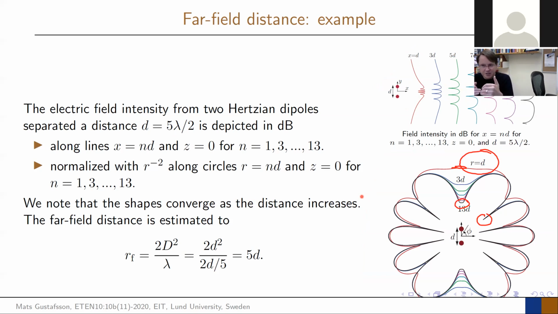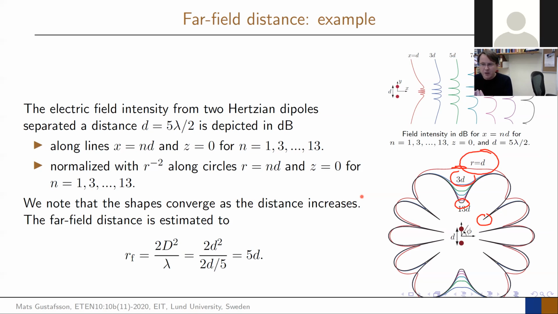You get a cancellation. In the near field, that tends to disappear. So I need to move further out. If I go a little bit out to 3d, you can see it starts filling in. And when I go further and further out, they actually start to come into something that looks like these real dips.